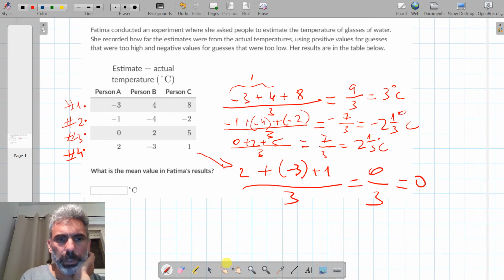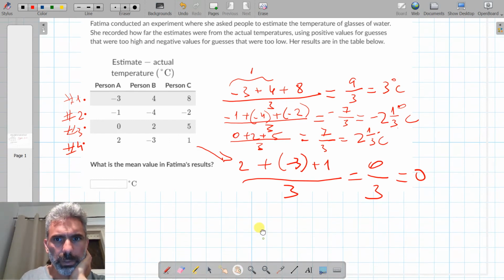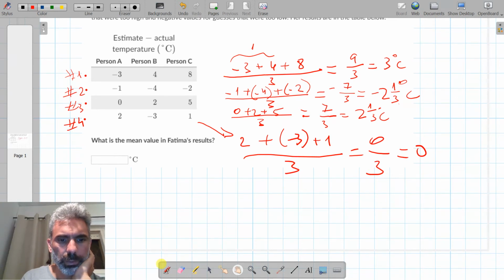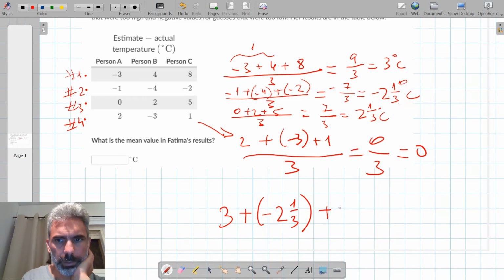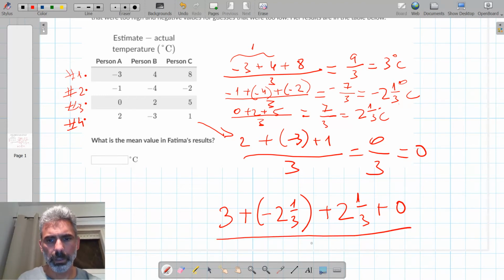So now when we combine all the results for the 4 glasses, we have 3 plus -2 and 1/3 plus 2 and 1/3 plus 0 divided by 4, because we have 4 glasses.